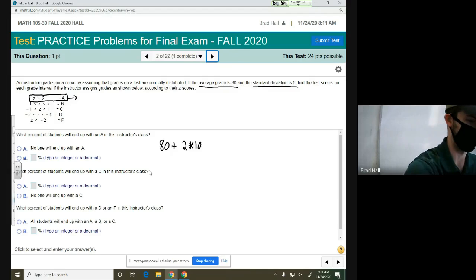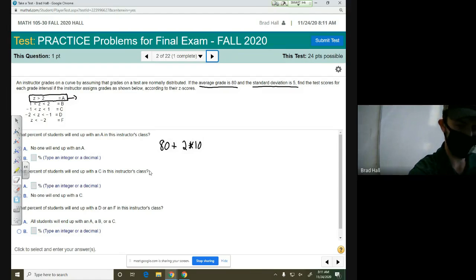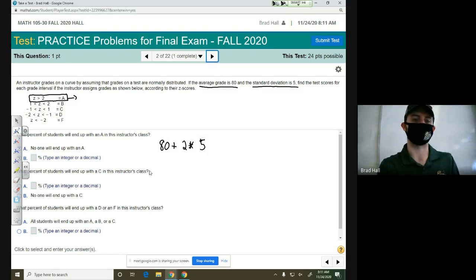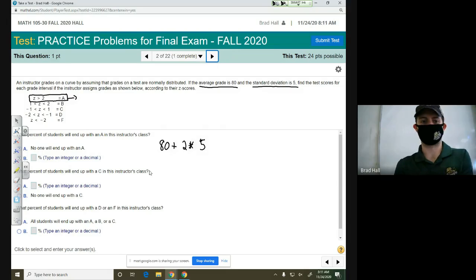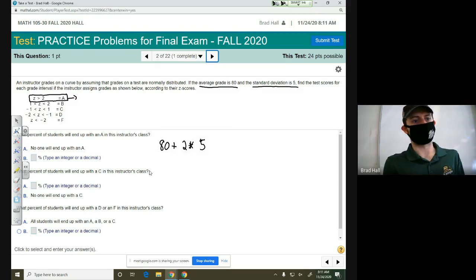Not 10, 5, because the standard deviation is 5. Because an A grade refers to when the z-score is 2 or higher.